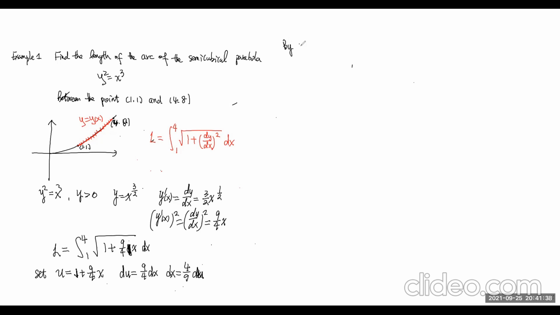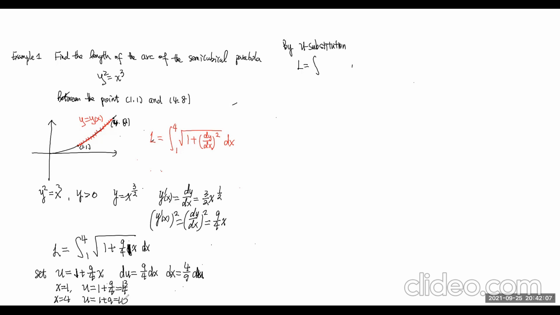By substitution, if x equals 1, u is 1 plus 9/4, which is 13/4. As x equals 4, u is 1 plus 9, which is 10.